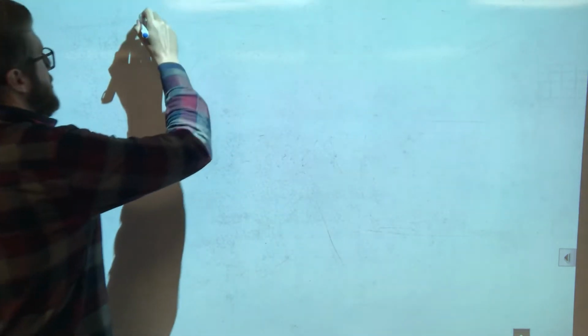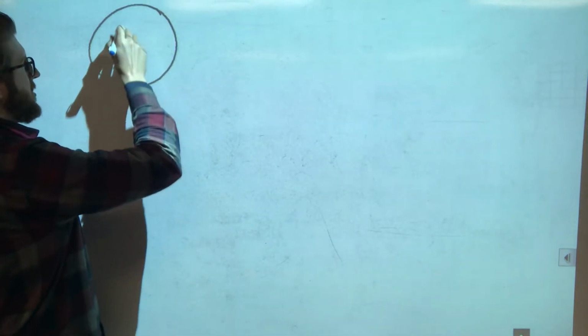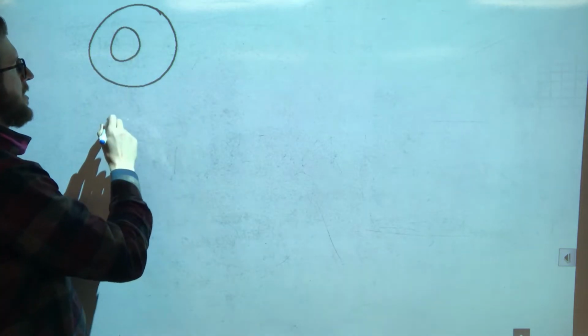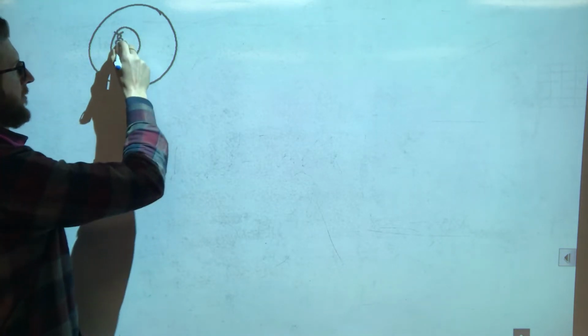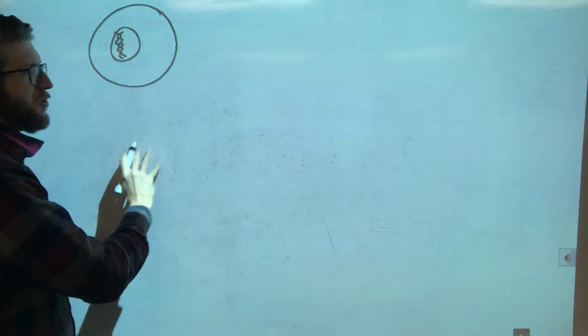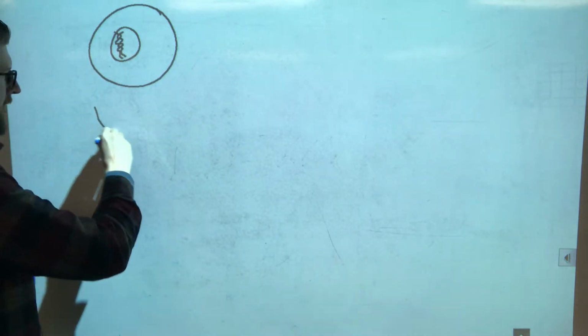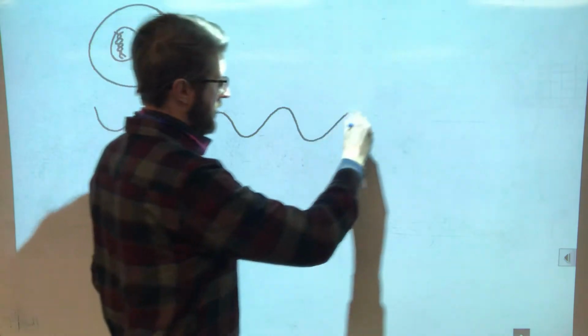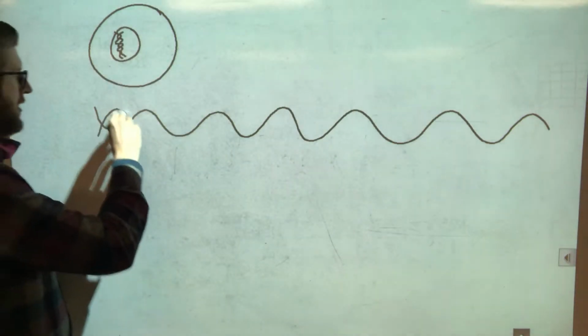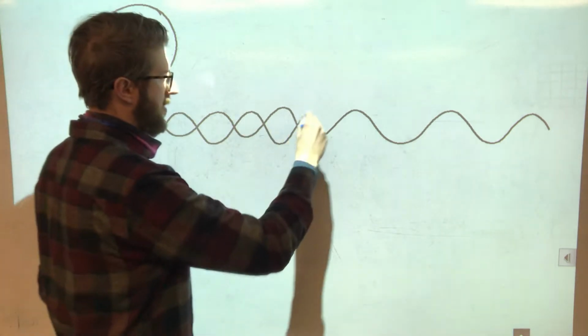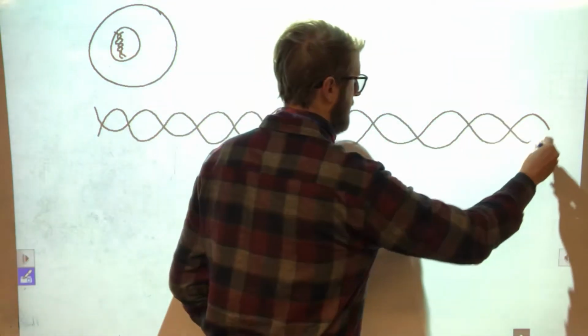Okay, so remember, this is a cell. Inside the cell is a nucleus, and inside the nucleus is DNA. Now, if we were to zoom in on this DNA and pull it out of the nucleus, we would actually see that it is a very big, double-stranded double helix.